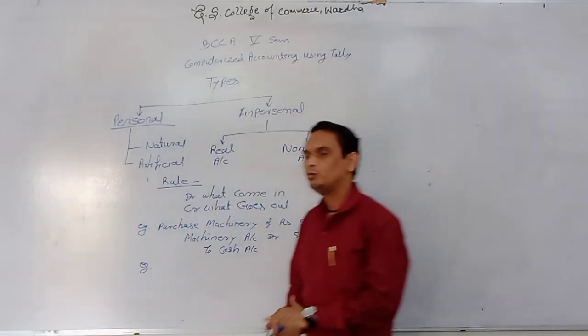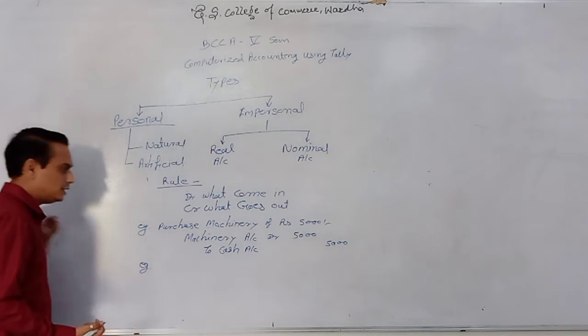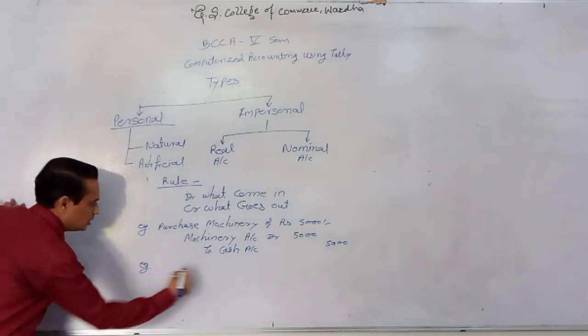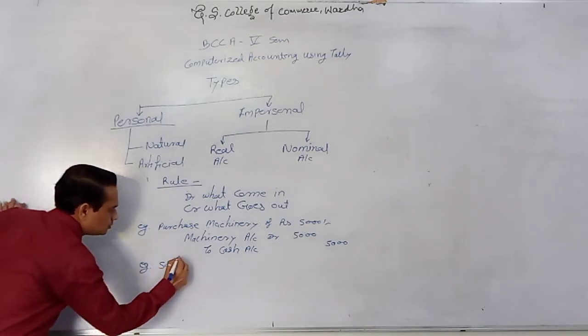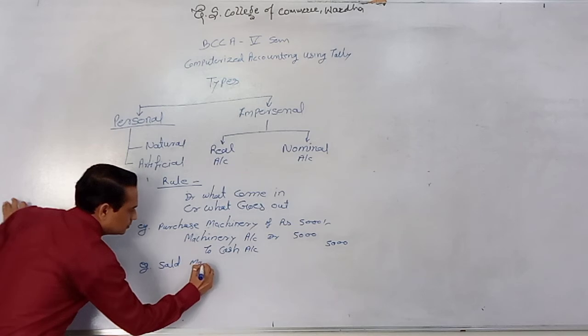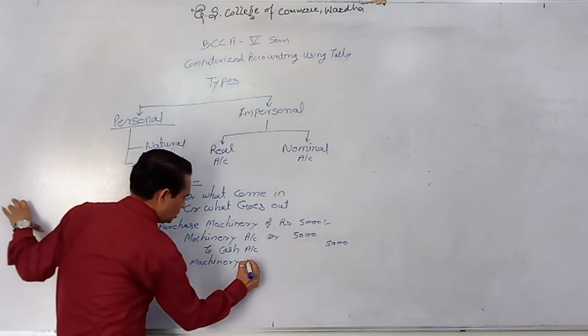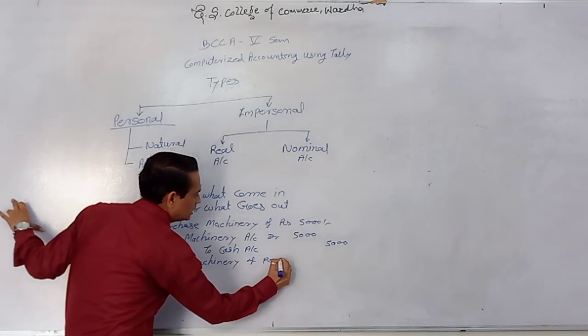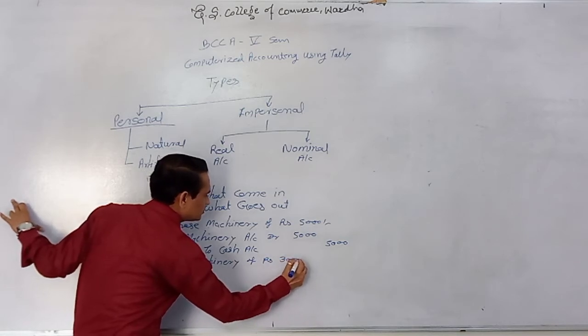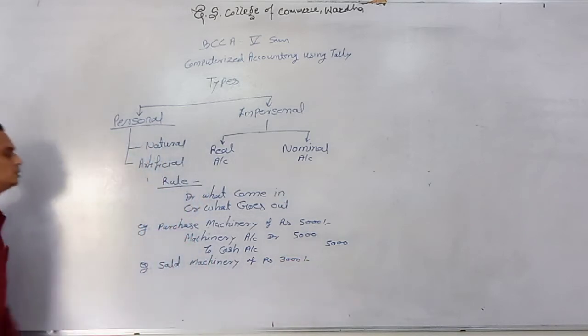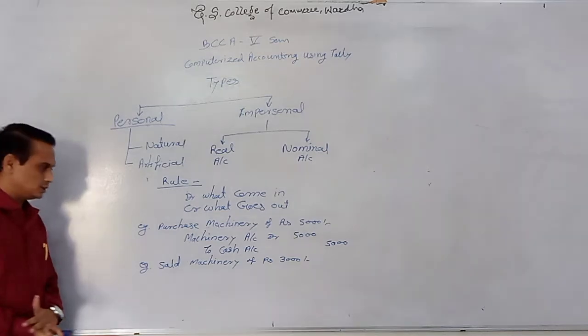So what type of changes are made in the transaction? Just like: sold machinery of rupees 3,000.